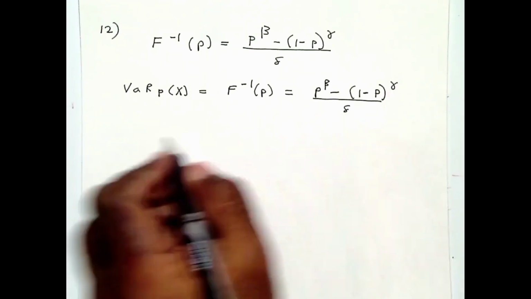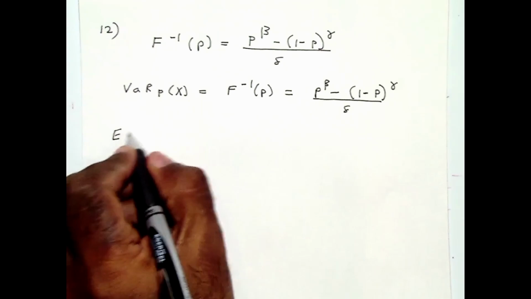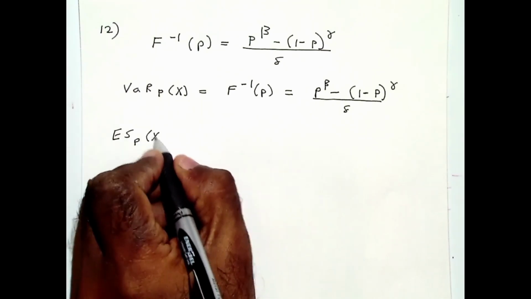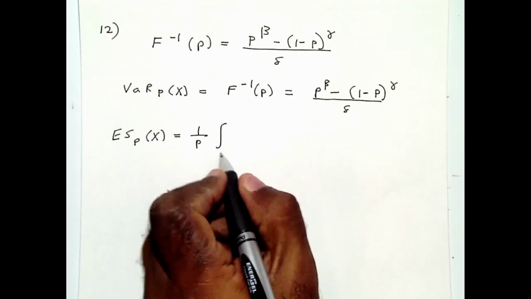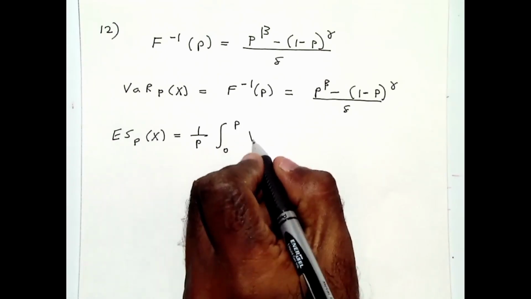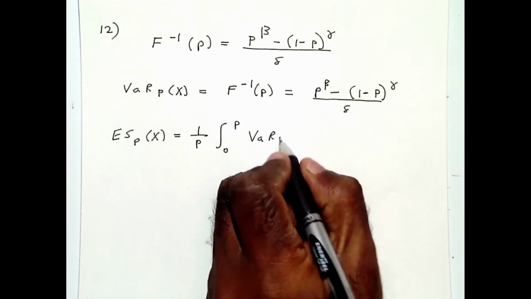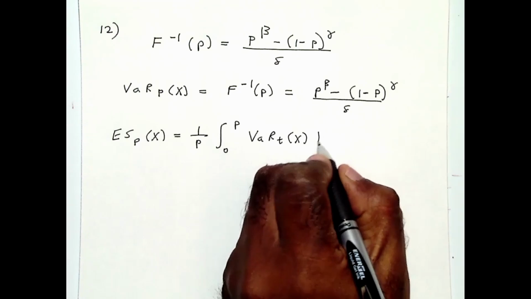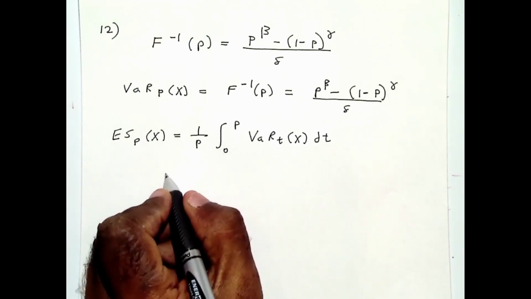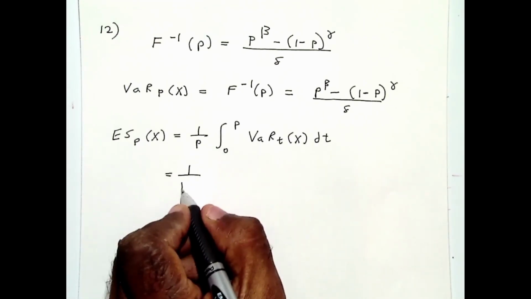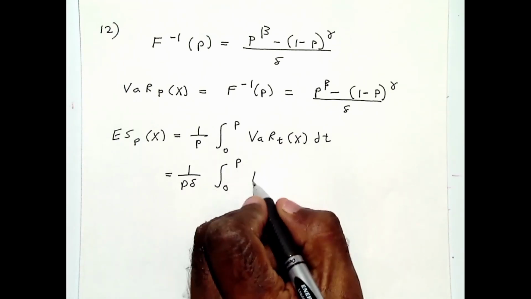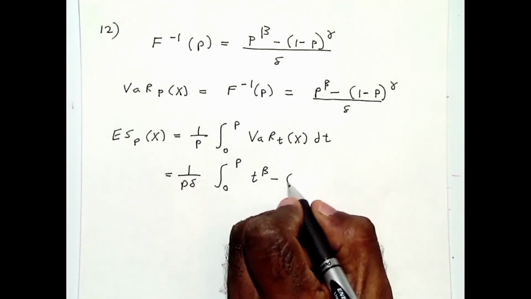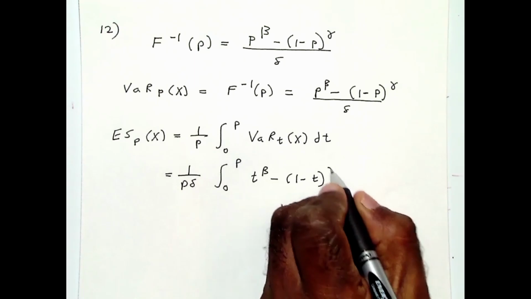All you need to find is the expression for expected shortfall, which becomes 1 over p delta times the integral of t power beta times (1 minus t) power gamma.